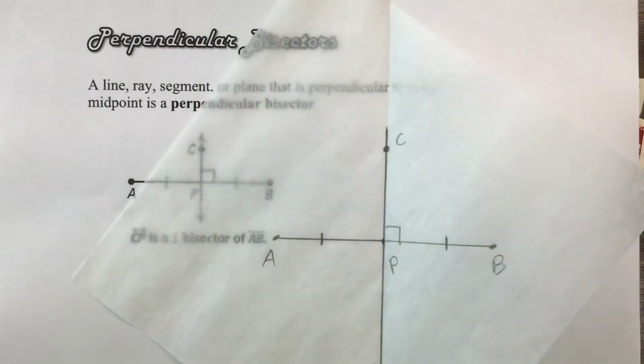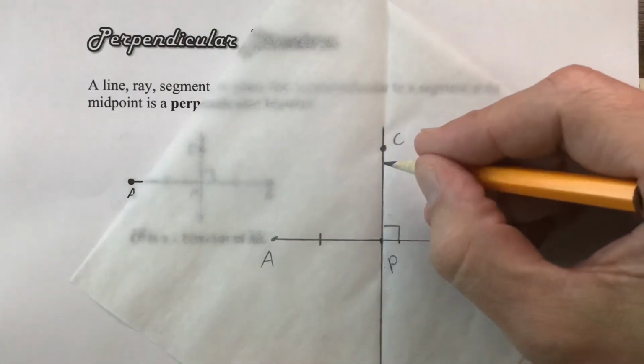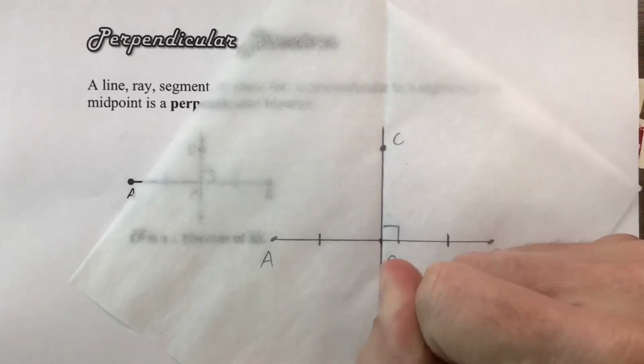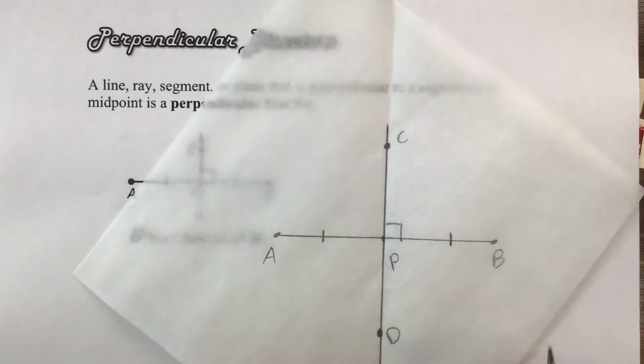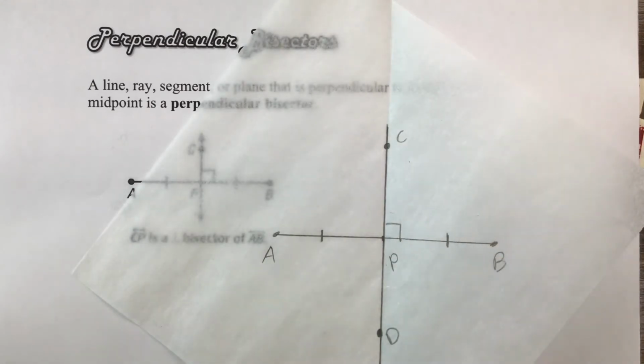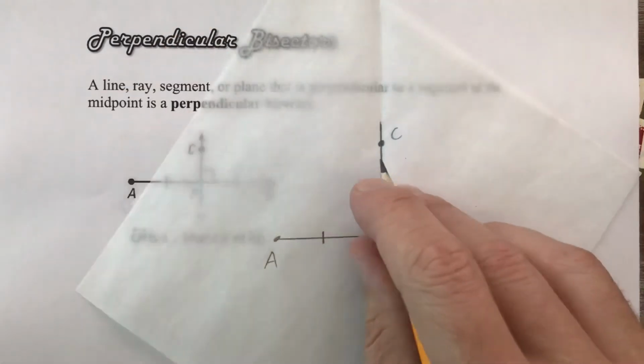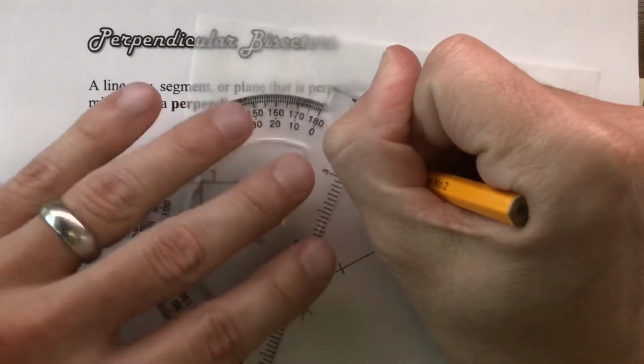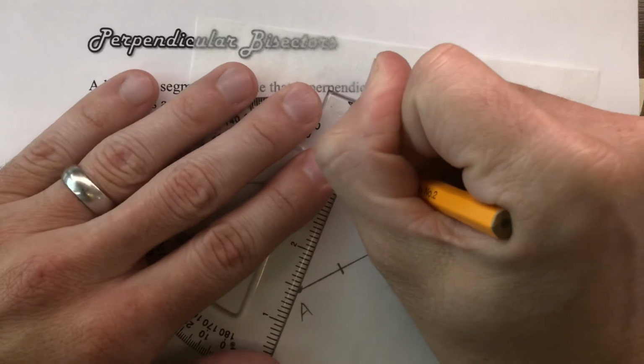Here's what's true about point C and any other point on this segment, including, let's put a point D right there just to show it. Any point on here is going to be equidistant to the endpoints.